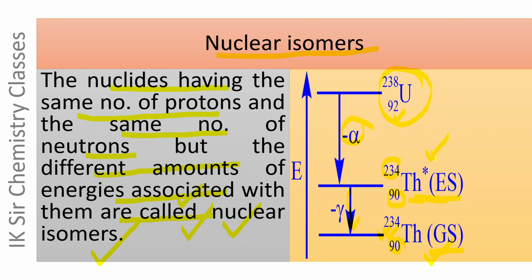It has higher energy, it has lower energy, it is the excited state, it is the ground state, and hence these are nuclear isomers. The nuclides having the same number of protons and the same number of neutrons in their nuclei, but different amounts of energies associated with them, are called nuclear isomers.